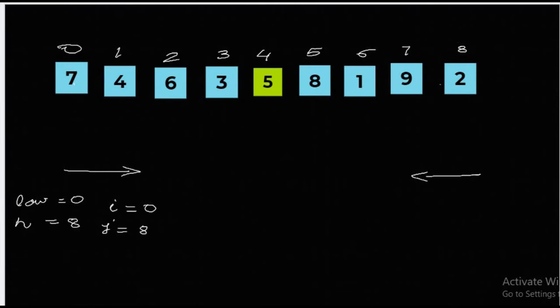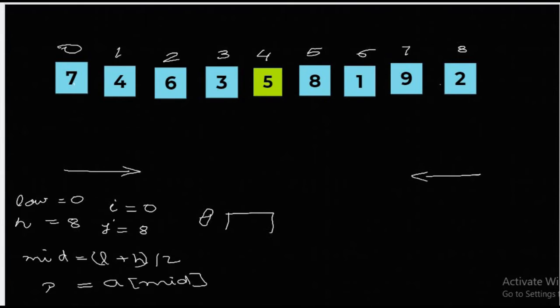Now we have selected the middle element as the pivot, so we can write mid is equal to low plus high divided by 2, and our pivot element is array of mid. So our pivot element here is 5. Now we have to move these pointers i and j.